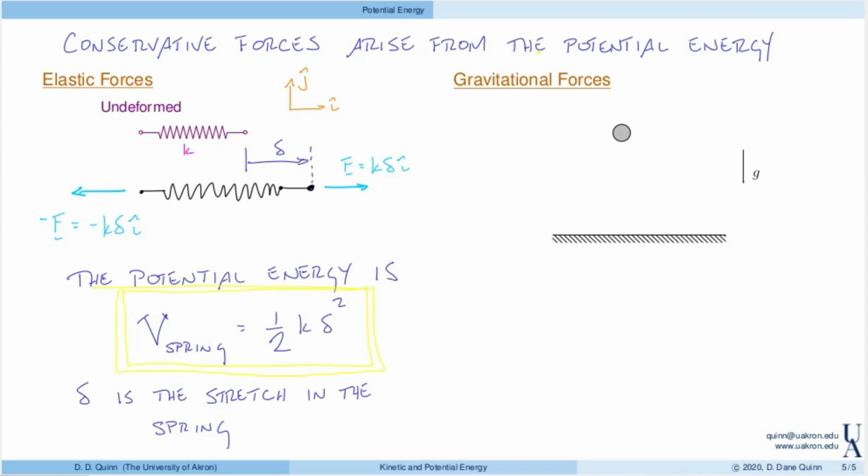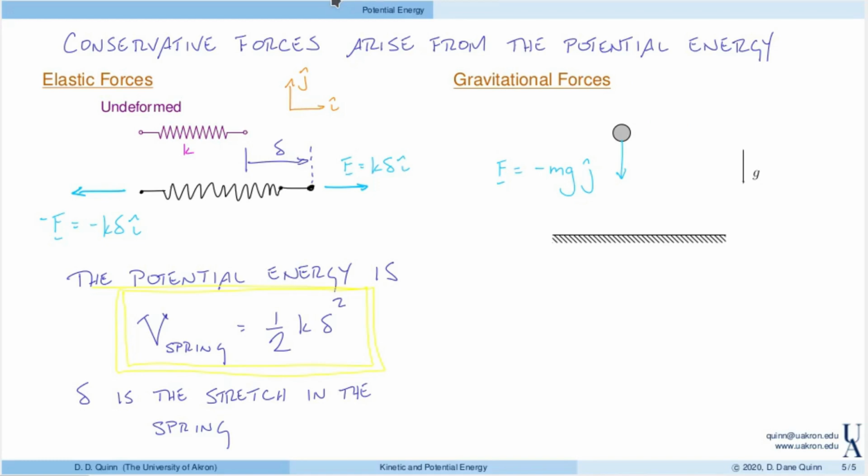So now for gravitational force, let's do something similar, right? So now we have the force due to gravity, and it's minus mg in the j direction, right? So that's our gravitational force.